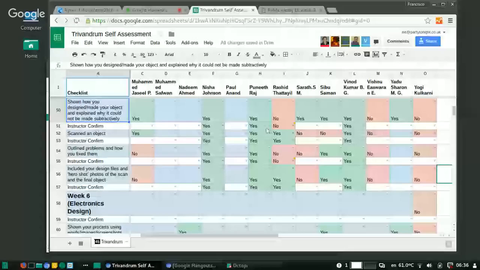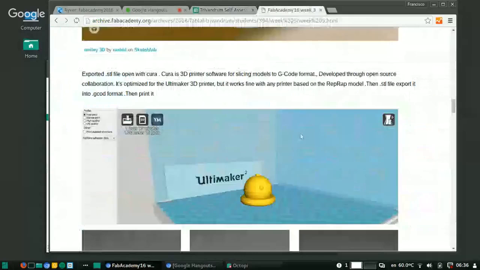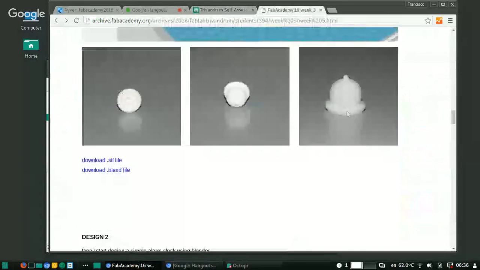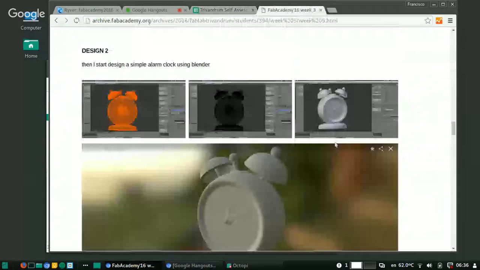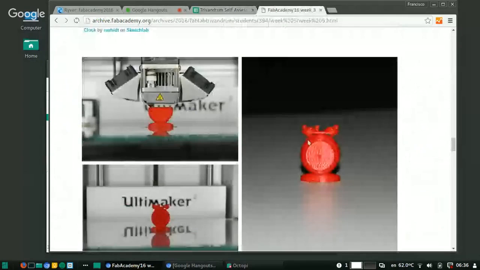Then in here, you didn't outline the problems and how to fix them. So in here, this printed apparently well, so no problems apparently, but this one has problems. So you didn't outline these problems and how to solve them.